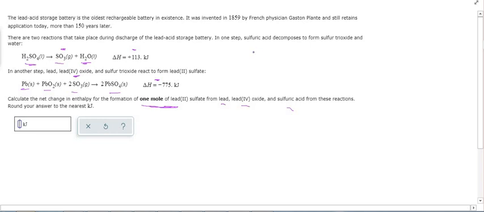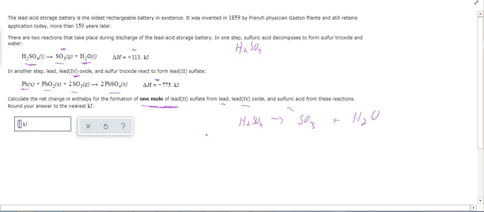So let's set this up kind of in a Hess's Law way. I'm going to do it down here. We have H2SO4 being decomposed to sulfur trioxide plus the water.